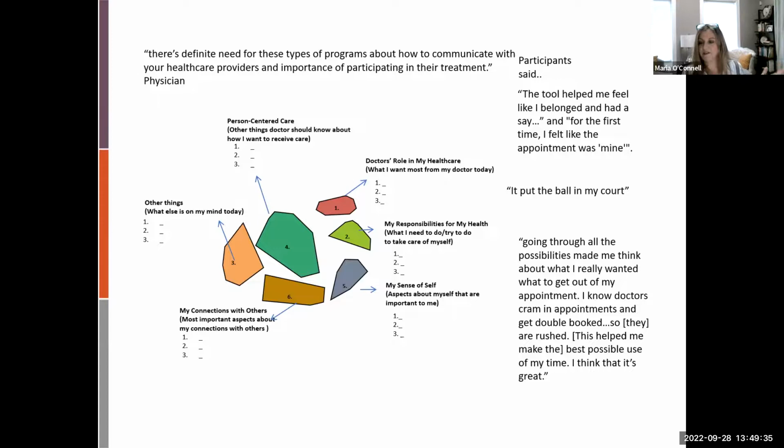You have to pick them up at 3, or whatever might be on their mind. And given those values, here's the medical decision that needs to be made. Given your values and preferences that you've just shared with me, here are the options. Now let's talk about a shared decision.